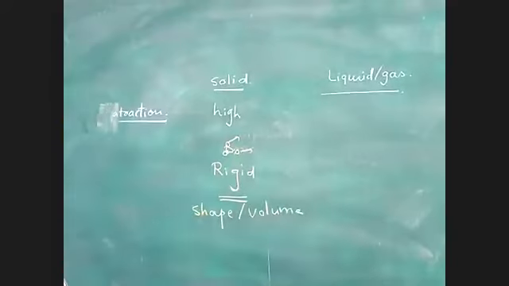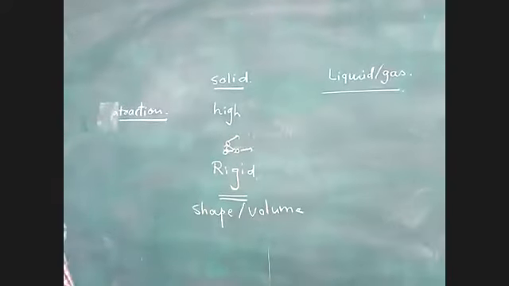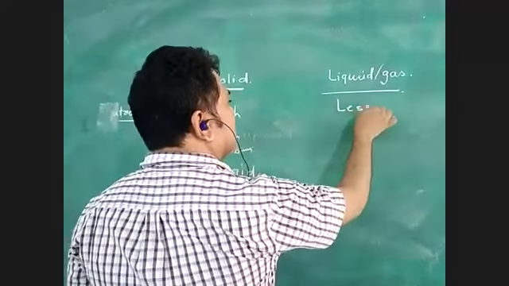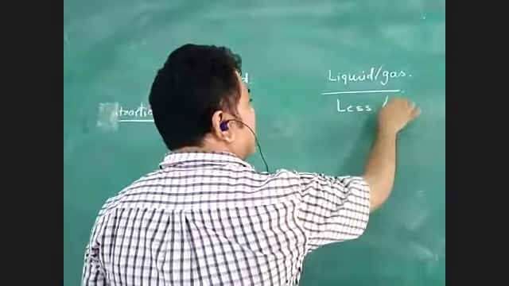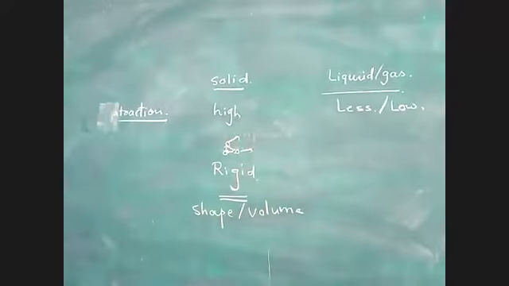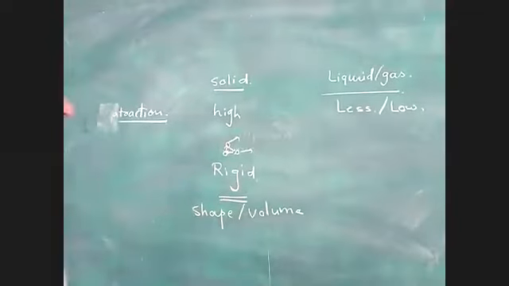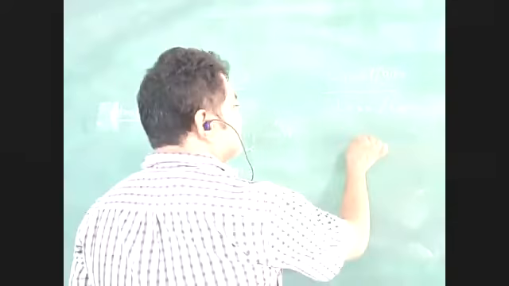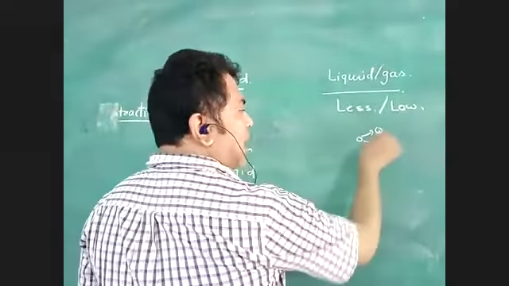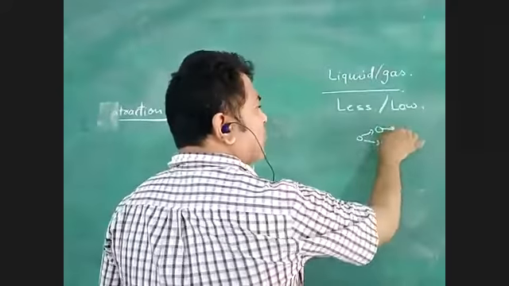Next part: if we go to the attraction force of liquid and gas, here the attraction force is less, very low. Due to that, the particles are not stuck together, and that's why they can run away.